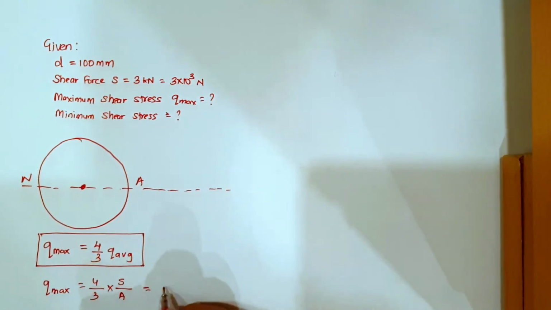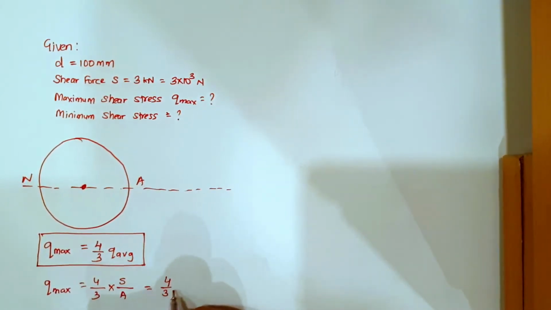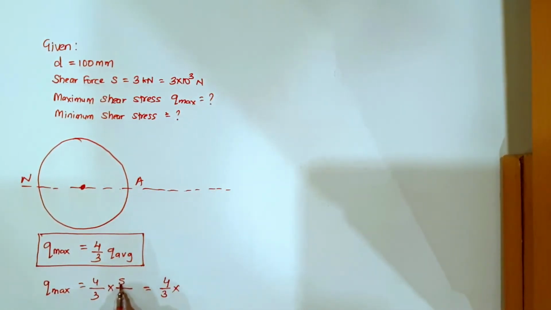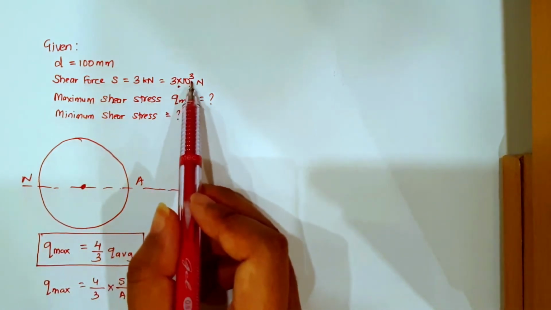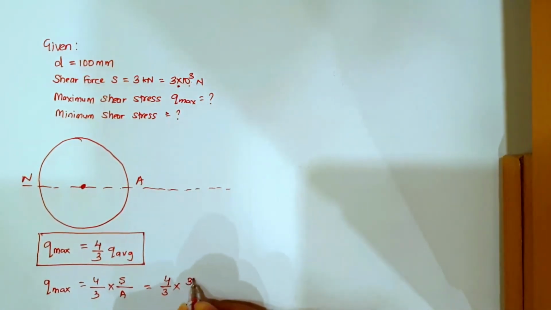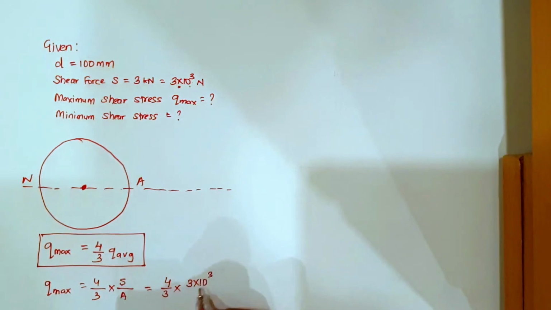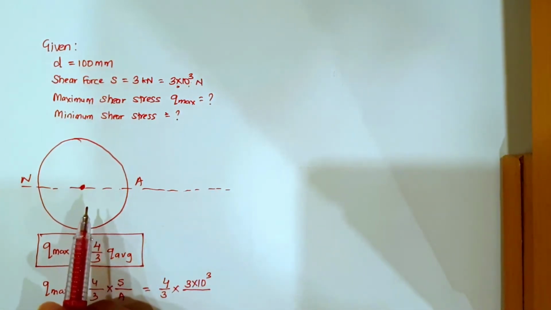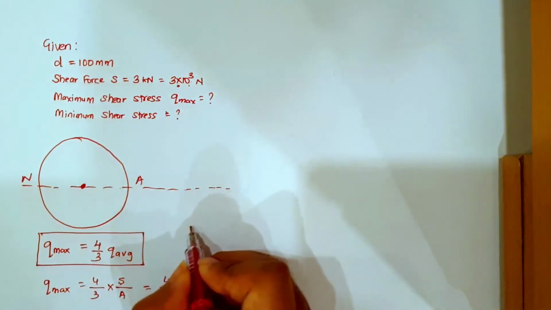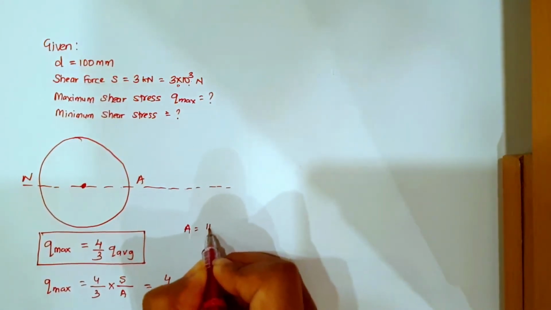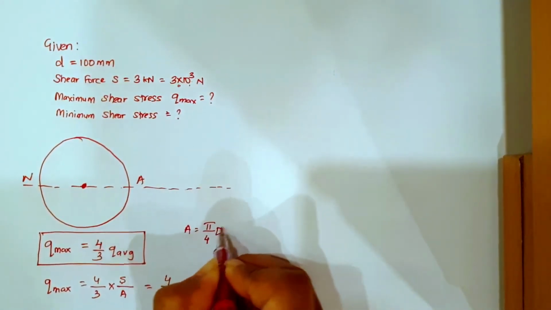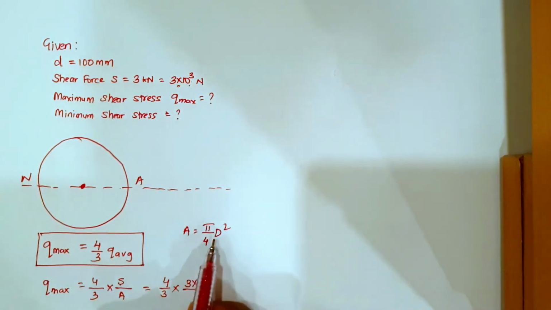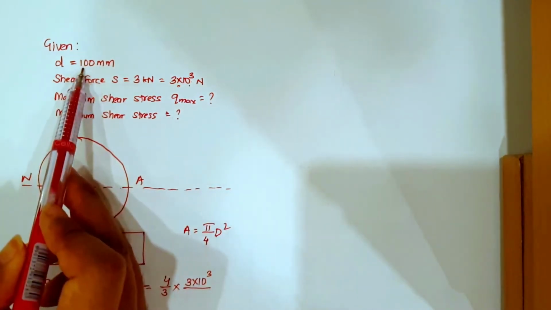Now from here what do we get? 4 by 3 into, how much is the shear force given? It is given as 3 into 10 raised to power 3 Newton, divided by the area of the circle, which will be pi by 4 d square. So how much is d? Diameter is given as 100 mm.